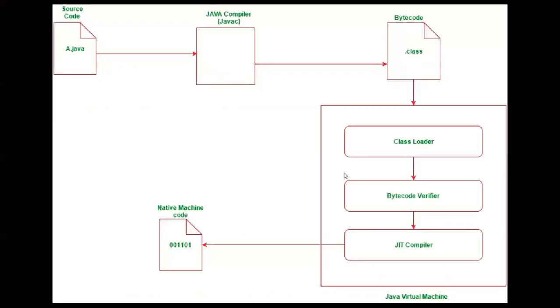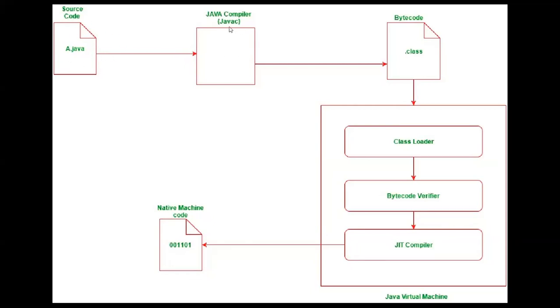So, anytime you write a Java program and you save it, the source code is saved as .java. So, I've written my program in Java, how to swap two numbers.